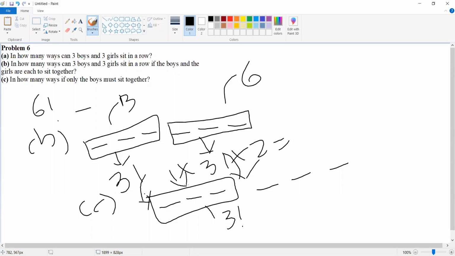So that gives 1, 2, 3, 4 factorial ways of arranging these people. So the answer is 4 factorial times 3 factorial. Any questions? Should I explain anything again?